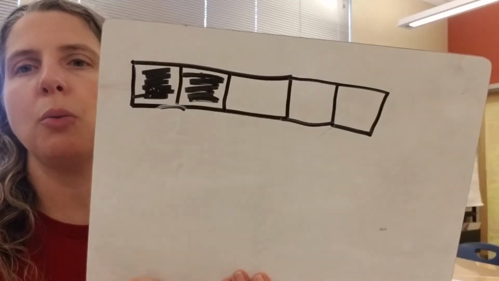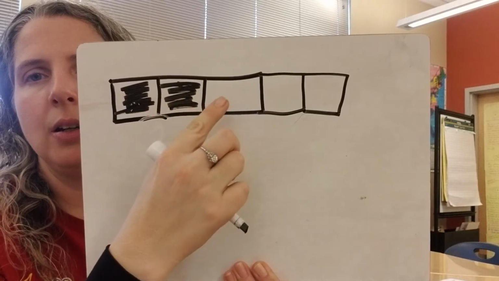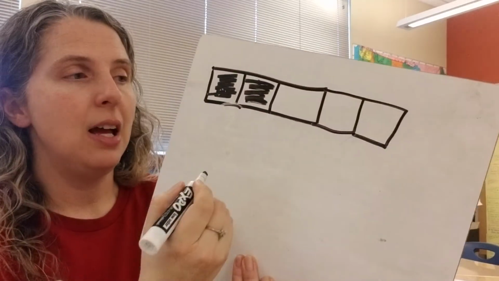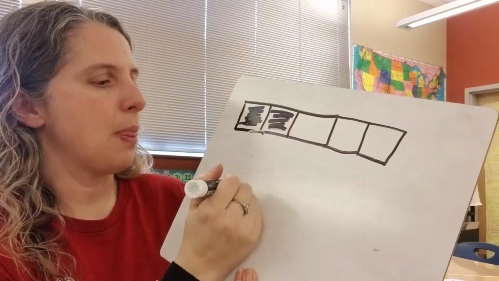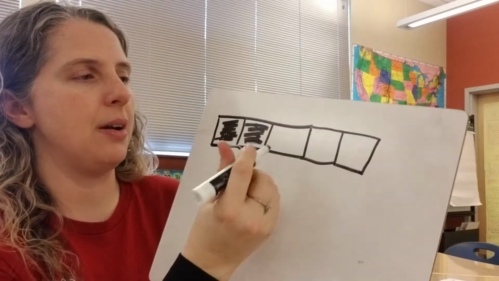So let's look at one more really quickly, one that maybe isn't quite so easy. Now, even though I have some shaded in, how many total parts do I have? I have 5. Numerator or denominator? That's my denominator. Okay?